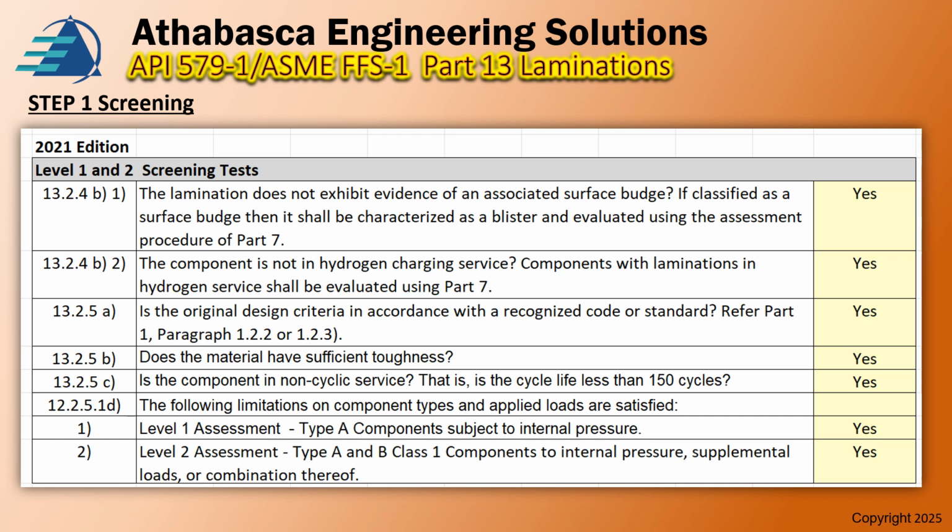So if we have a Type A component, then for a Level 2 assessment, if we're going to do that, we can go with Type A and Type B1 components with internal pressure and supplemental loads. There are some notes on there about if you want to continue to a Level 2 assessment.